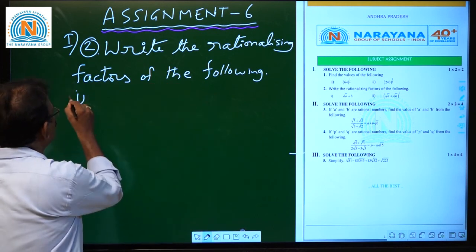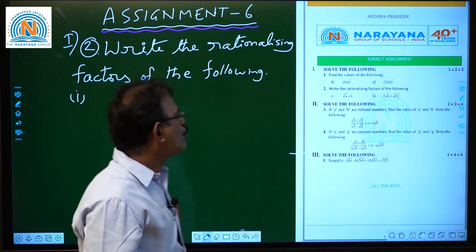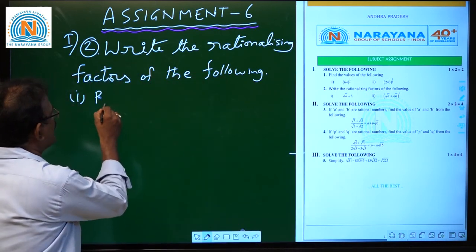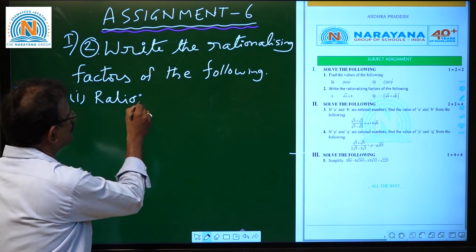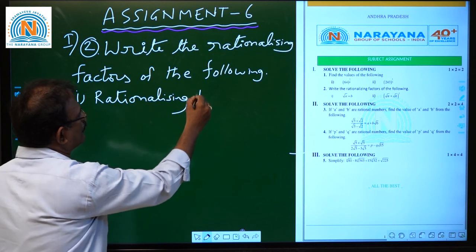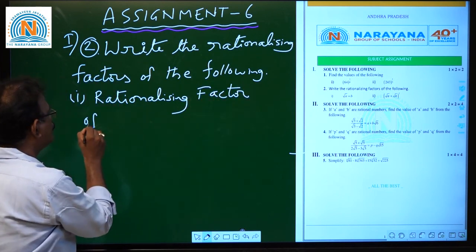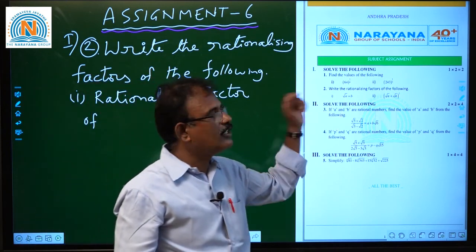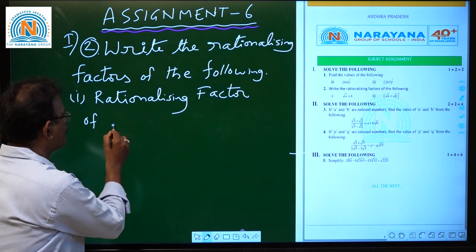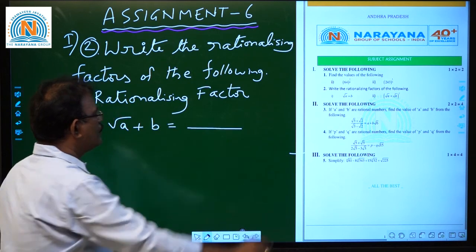if we are going to find the rationalizing factors for the following, the first one is root a plus root b. What is the rationalizing factor of root a plus root b, children?